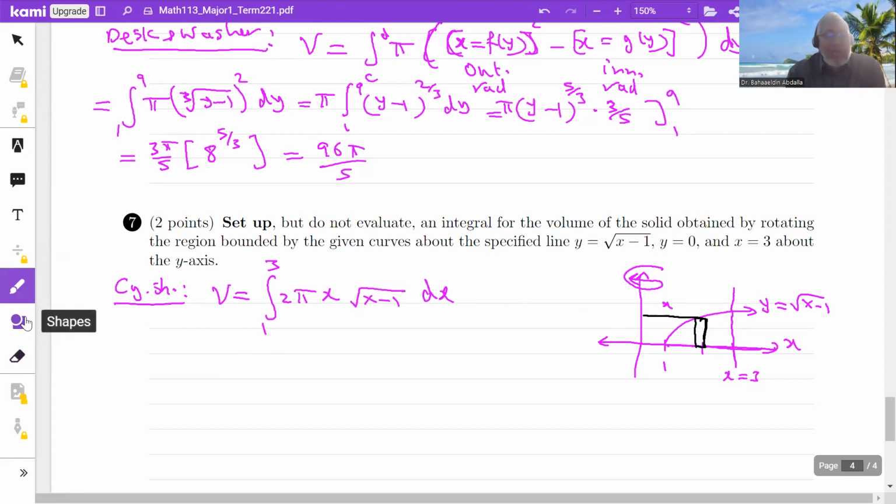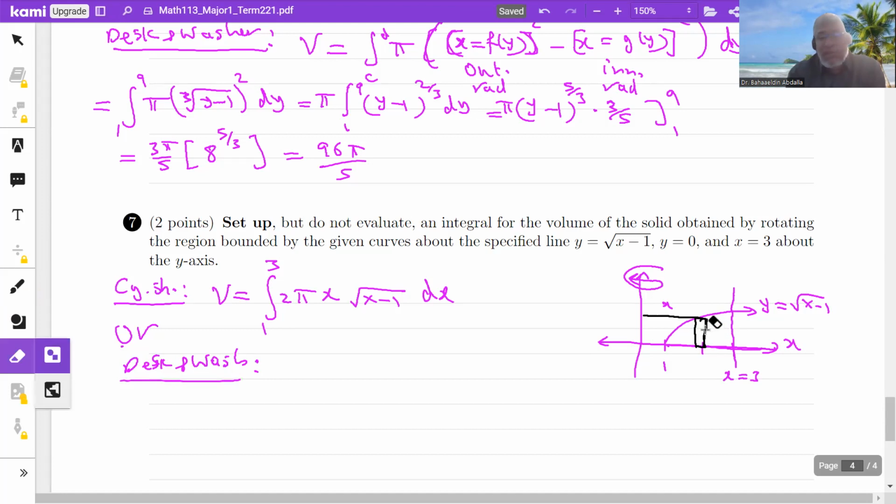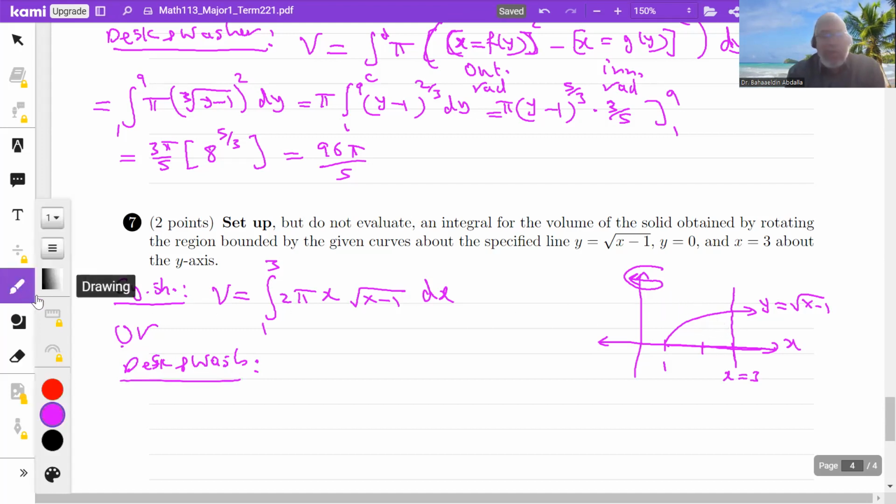If I use disk and washer, then I have to use a rectangle which is perpendicular to the axis of rotation.